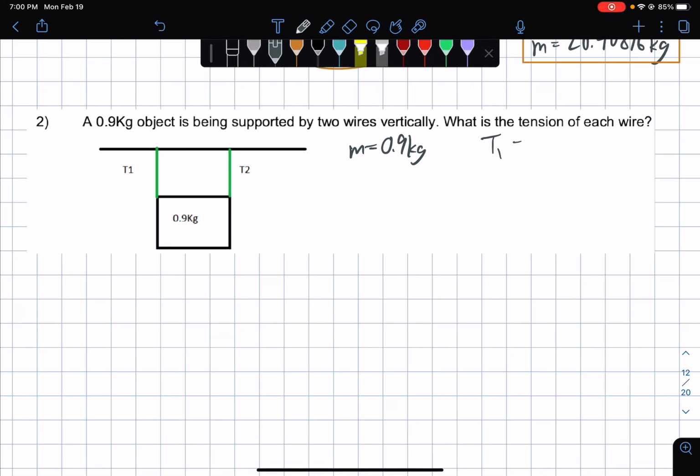T1 and T2 are missing. And we all know that the object is being supported, therefore the summation of force with respect to the y-axis is equal to 0 newtons. And we all know that the formula, again, is tension minus weight.